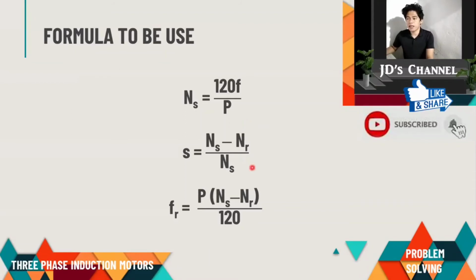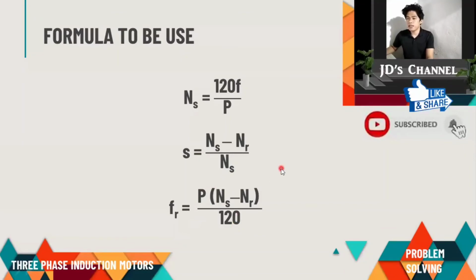In getting the NR, try the other formula. As long as your procedure is correct, you will arrive at the same result. And in finding the FR or the rotor frequency, we will use this formula so we can just substitute everything.